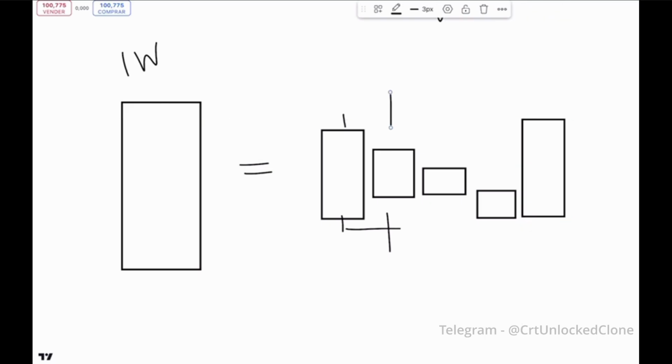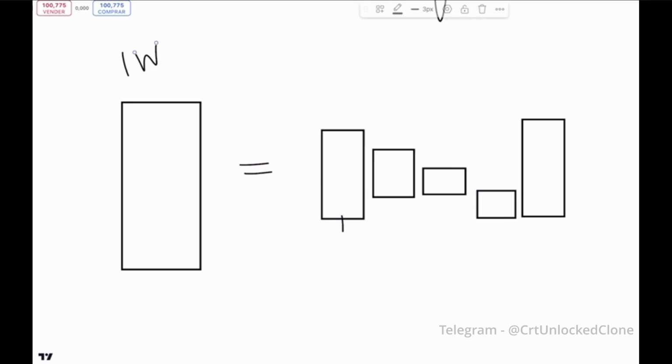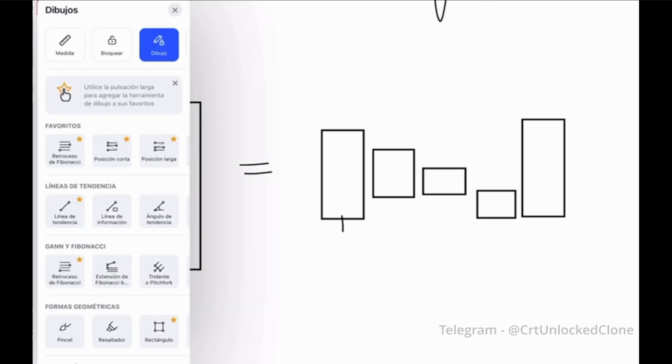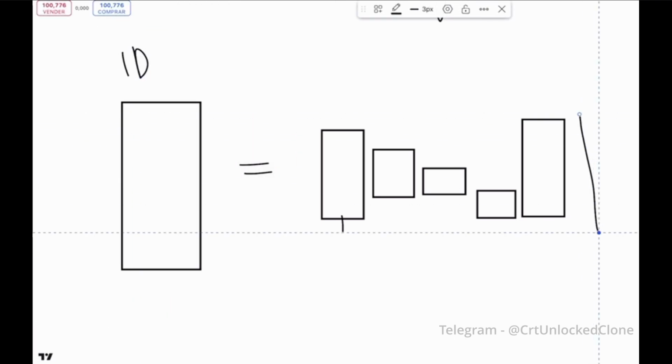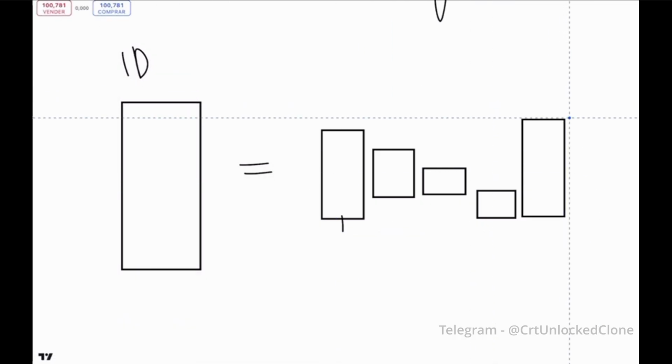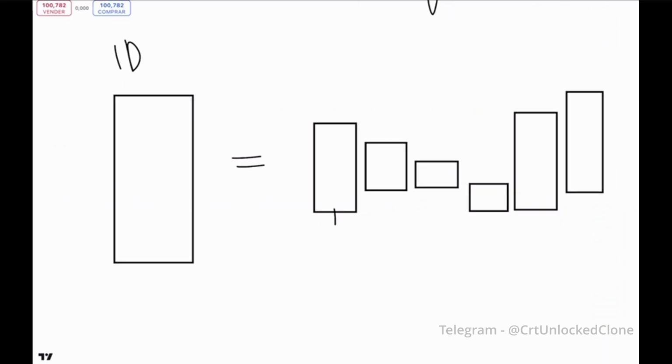So the same exact drawing, right? This is a 1-day candle right here, daily candle, which is basically 6 4-hour candles, right? 159, 159.